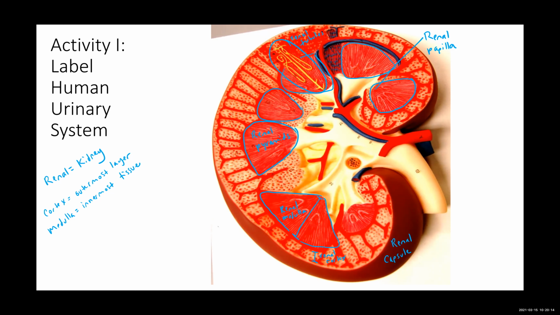The term tubule is sort of like tiny tube. Now to make my labels a little easier to deal with, I'm going to erase where I outlined all of the tubules and where I outlined the pyramid. So I'll do this arrow here to represent all of that yellow is referred to as the renal tubule.